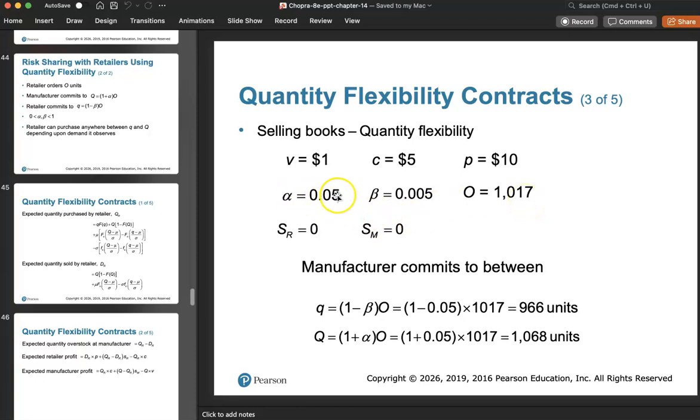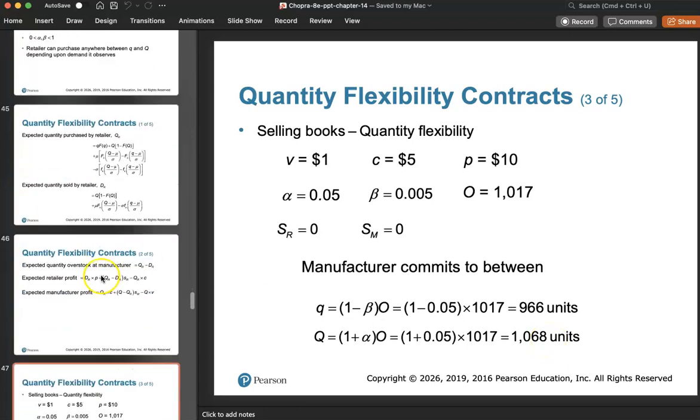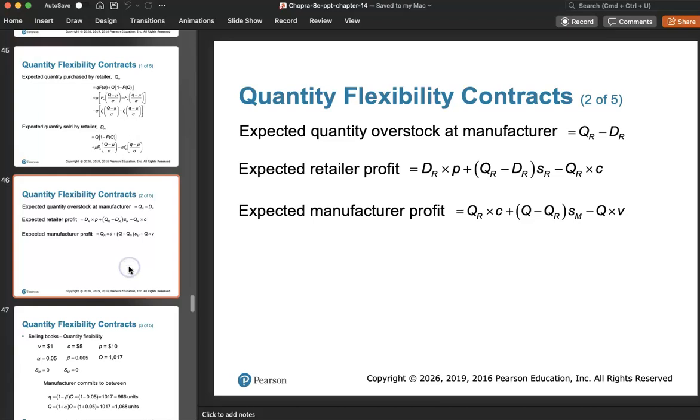So the manufacturer is ready to provide 5% more than this, which is 1,068 items, or 0.5% less than this, which is 966 units. So as long as the order that the retailer places is between 966 books and 1,068 books, the manufacturer will be able to supply that number.